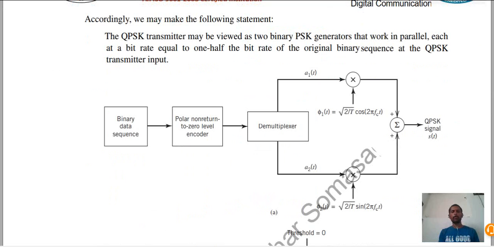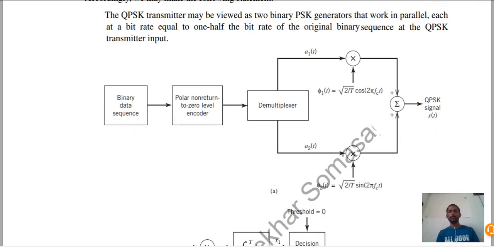It consists of a binary data sequence, and it has a polar non-return to zero level encoder, which is applied to the demultiplexer to split it as an even numbered and an odd numbered sequence, and finally these two are added.